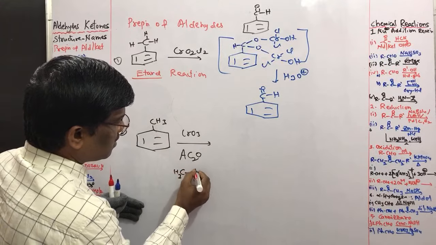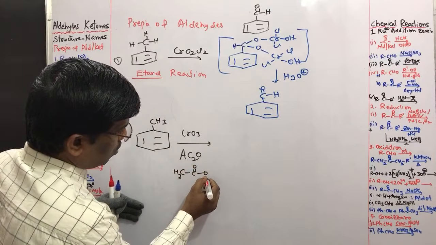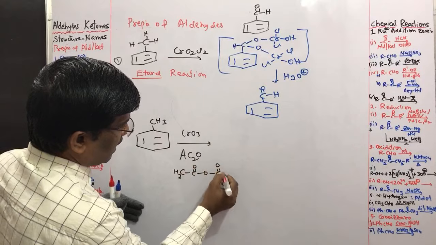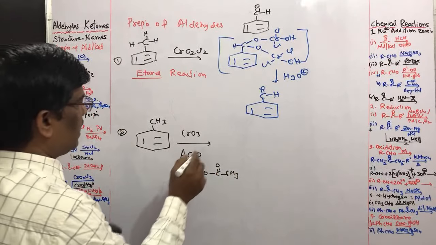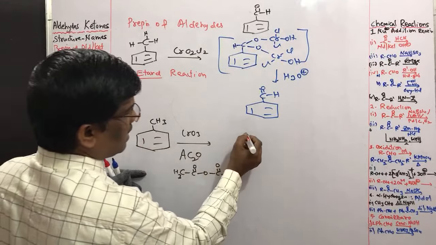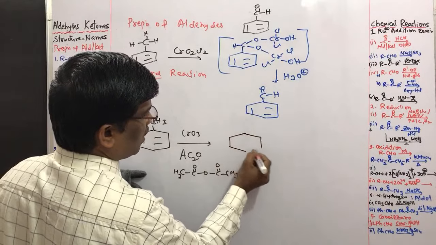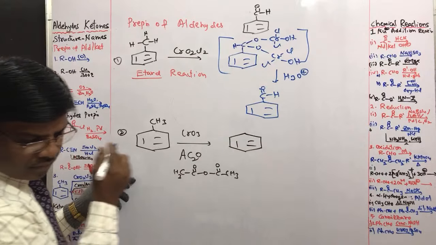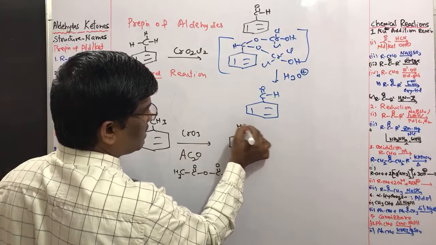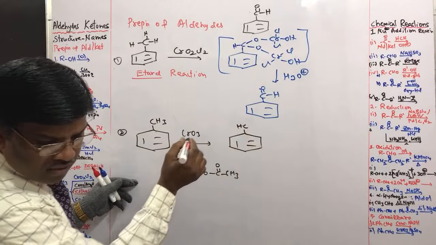CH3COO, I can write like this also, acetic anhydride, right? So acetic anhydride in presence of chromium trioxide is going to oxidize toluene into benzaldehyde. And the intermediate is, you may be asked this intermediate also.